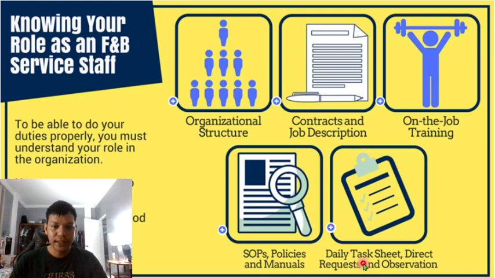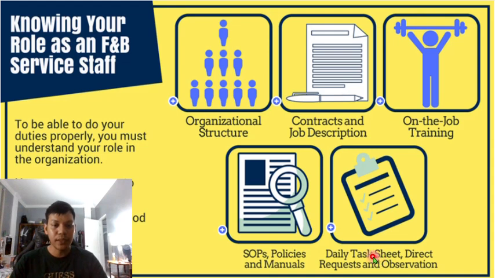And lastly, the daily task sheet, or direct request and observation. It is very important as an employee to have this daily task sheet. So the daily task sheet is a document detailing the activities that you have to undertake throughout your shift. For example, you're going to have a morning shift.